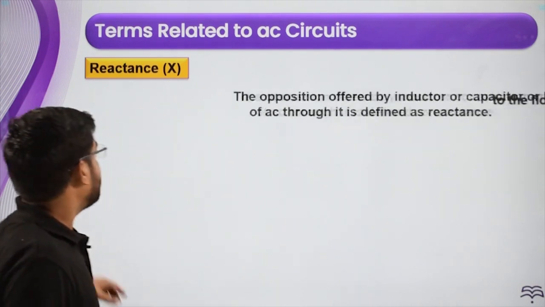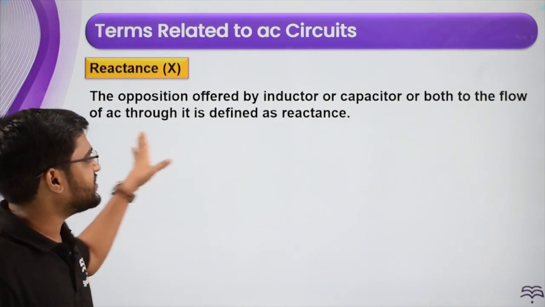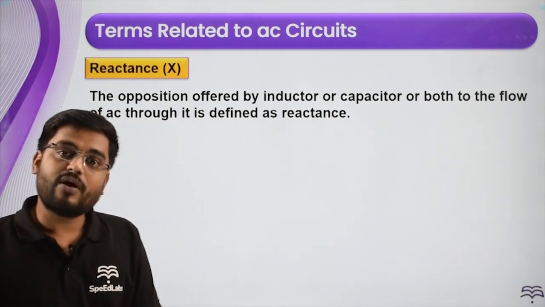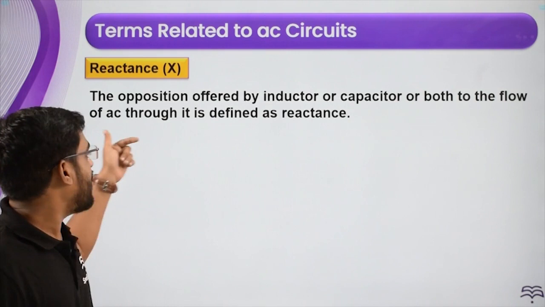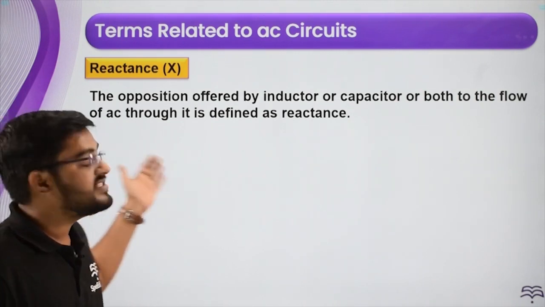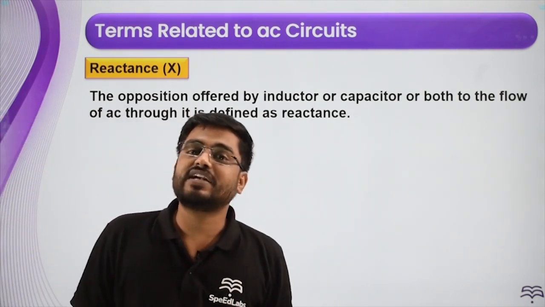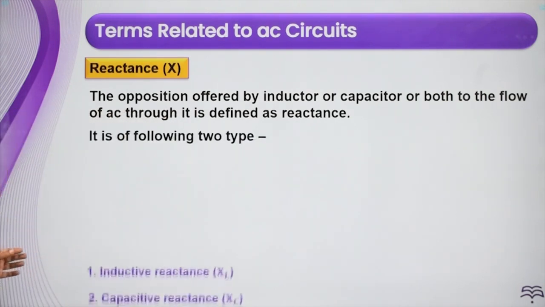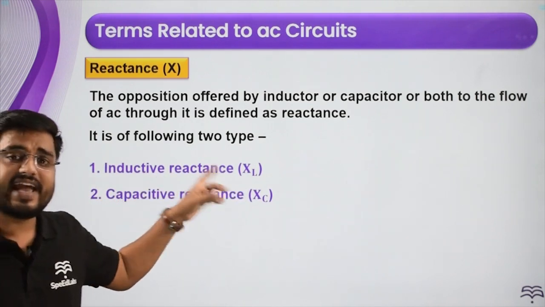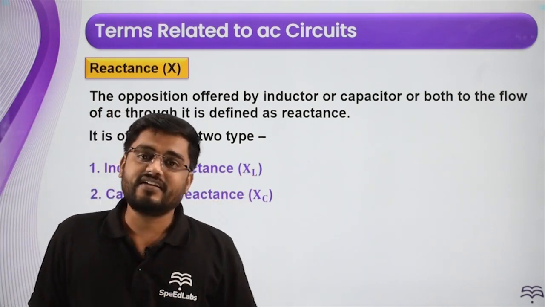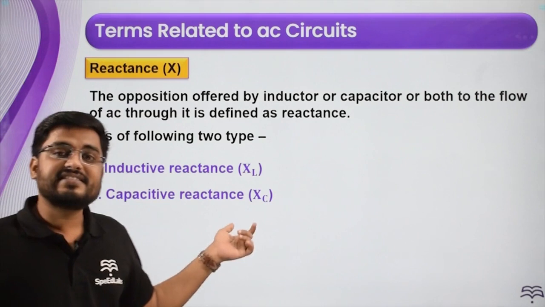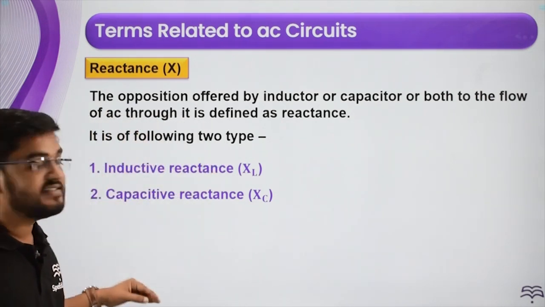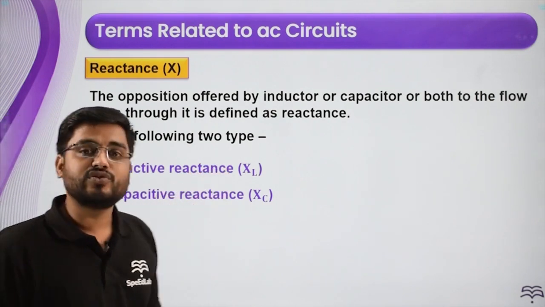The opposition which is offered by an inductor or capacitor, or the combination of both, to the flow of charge in an AC circuit is defined as reactance, generally denoted by capital X. There are two types. One is the inductive reactance XL, offered by an inductor, and the other is the capacitive reactance XC, offered by a capacitor. There might be a combination of both of them also.